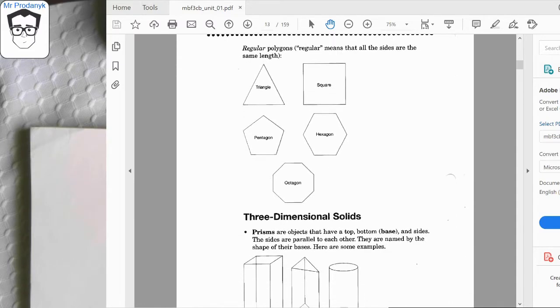All the regular shapes, things you've probably been introduced to as far back as kindergarten or grade 1: triangles, squares, pentagons, maybe hexagons and octagons a little bit later on, but certainly shapes you'd be familiar with. We see hexagons even in different game boards. If you look at a soccer ball, you can see that the tiles inside are made with hexagon shapes because of the way they fit together.